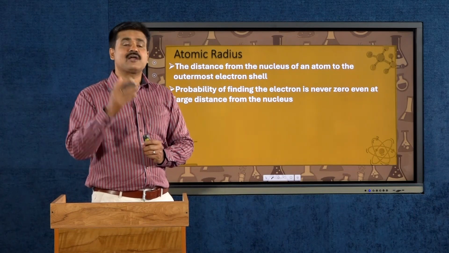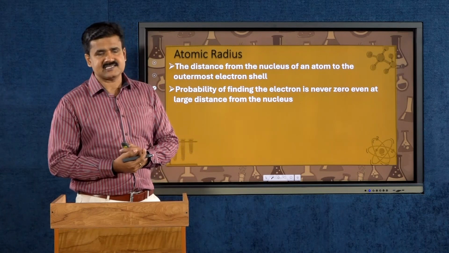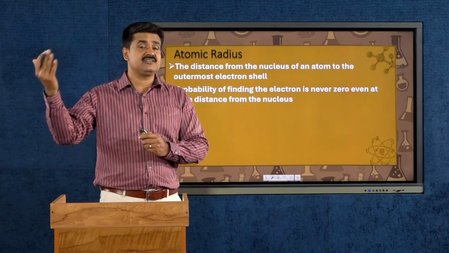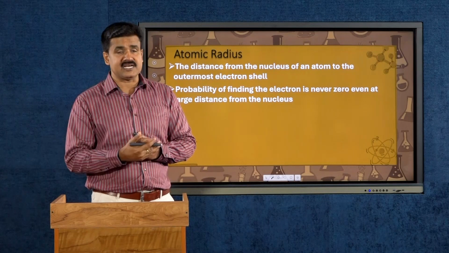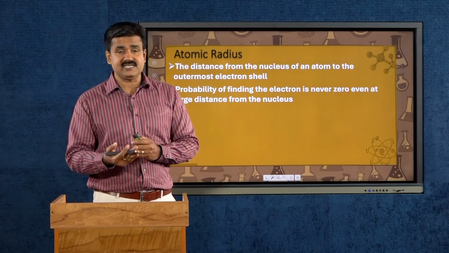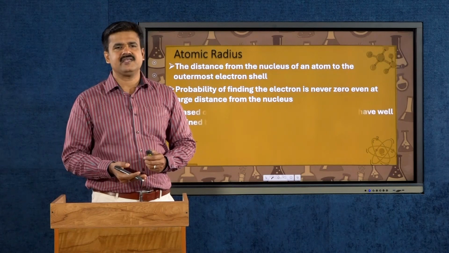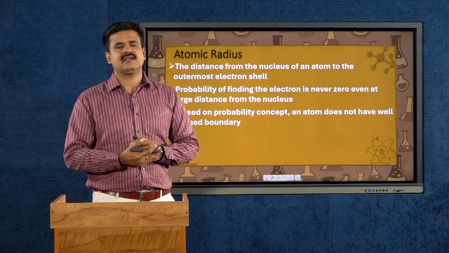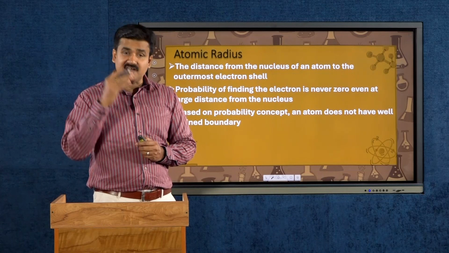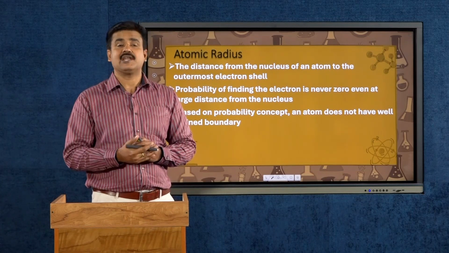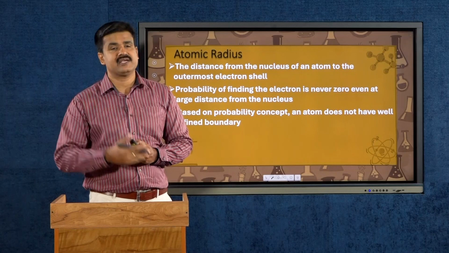That means, according to the principle of quantum mechanics, even at infinite distance from the nucleus, the possibility of finding an electron is not equal to zero. That's why it is very difficult to find the exact value of atomic radius or even ionic radius.